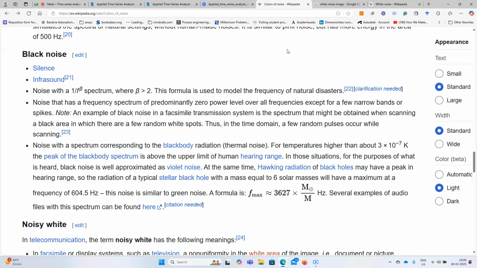That is black noise. Black noise is something where there's nothing, but still there is something. I'm going into philosophy, but it comes when you have an absence of something. That is your black noise.